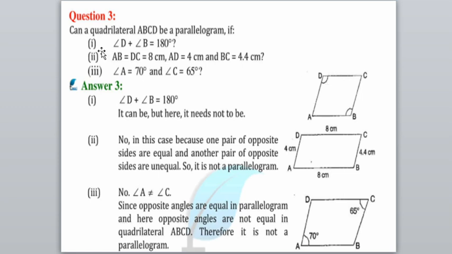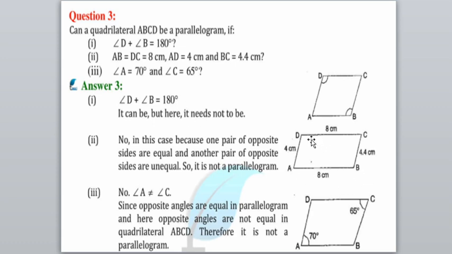Then the second condition is given, can a quadrilateral ABCD be a parallelogram if AB equals to BC equals to 8 centimeter, AD equals to 4 centimeter and BC equals to 4.4 centimeter. So here is a given parallelogram ABCD, and the measures are given here.